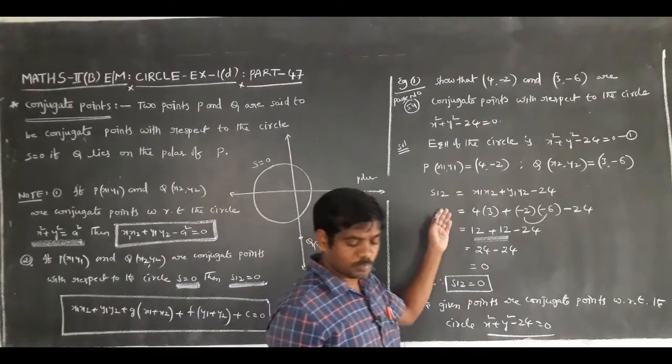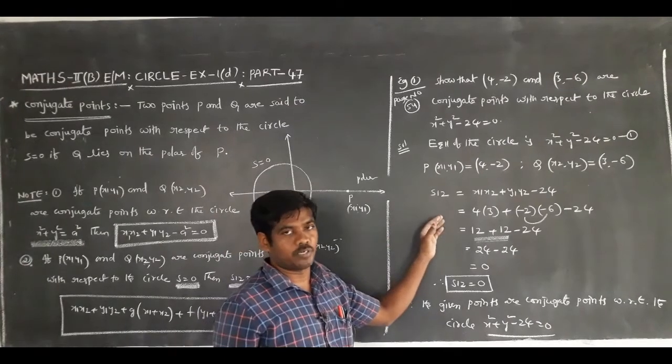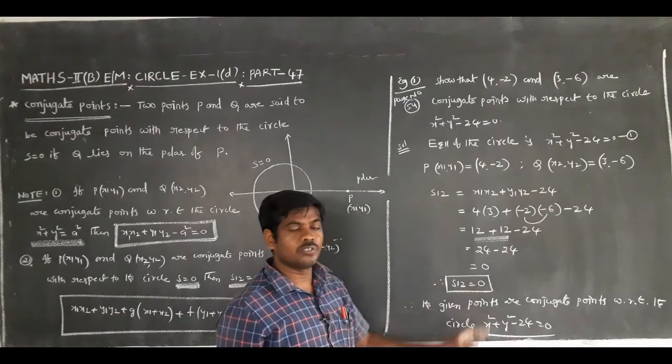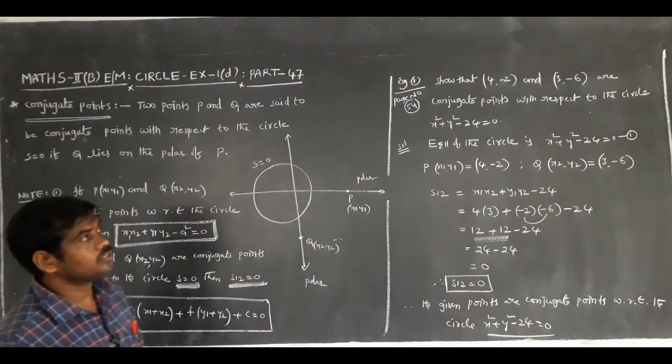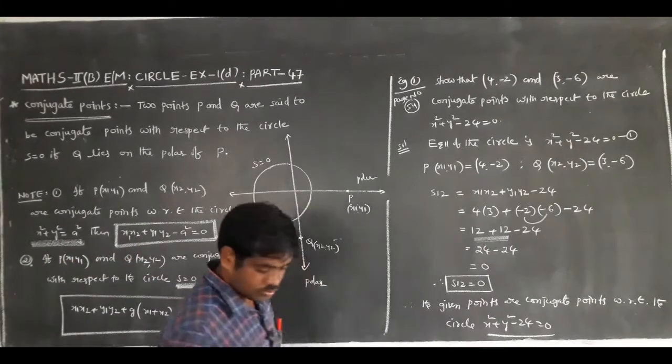This is the process for showing that points are conjugate points. Here we prove that S12 = 0.